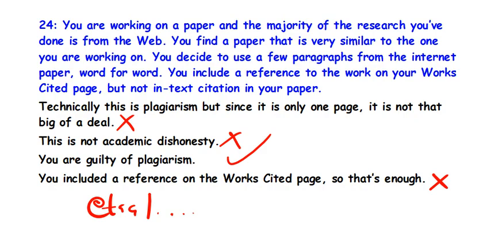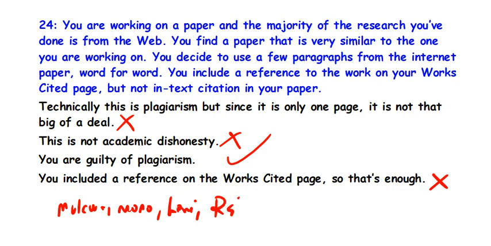Instead of putting all the names, like let's say Mulawa, Mono, Levi, maybe they were doing a certain work, let's say Rebecca, instead of writing all the names I'm just going to write one or two names, then put et al., meaning and others. Basically that is their work in text.